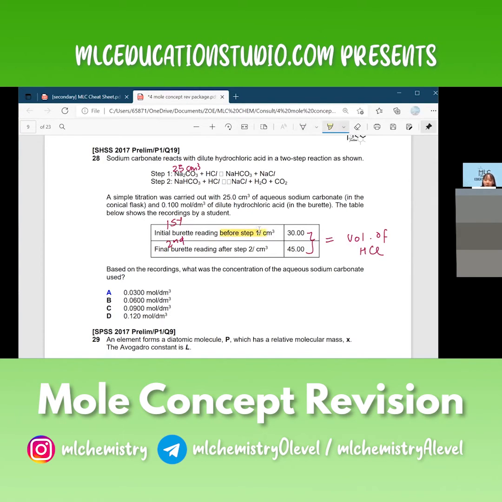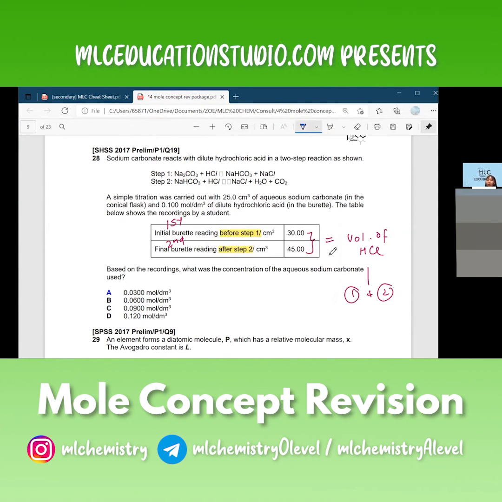Specifically, they tell you that the initial reading is before step 1, then the final reading is after step 2. That means the volume of HCl recorded is used for step 1 plus 2 together.